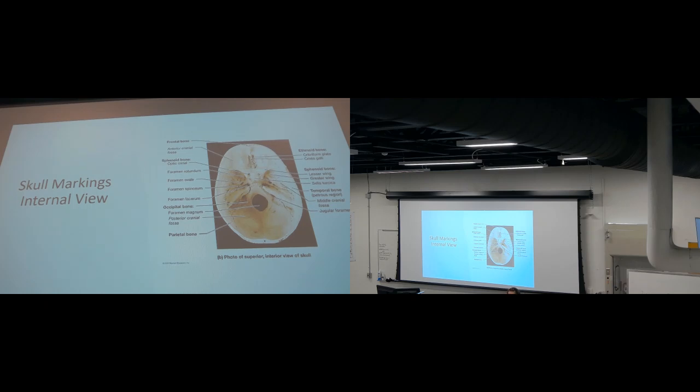Cranial nerve number 2 allows us to see. So you will start learning those names of the cranial nerves, where they are located, where they pass through, and what they do.